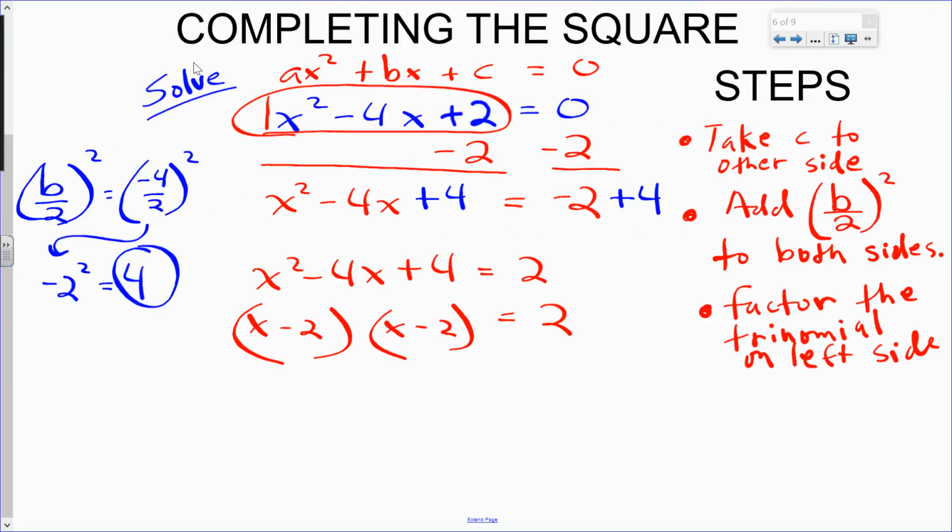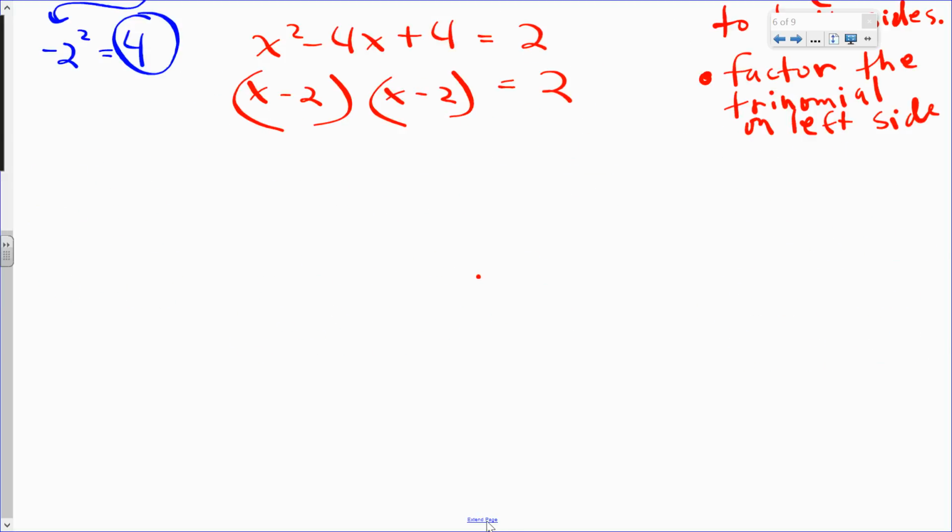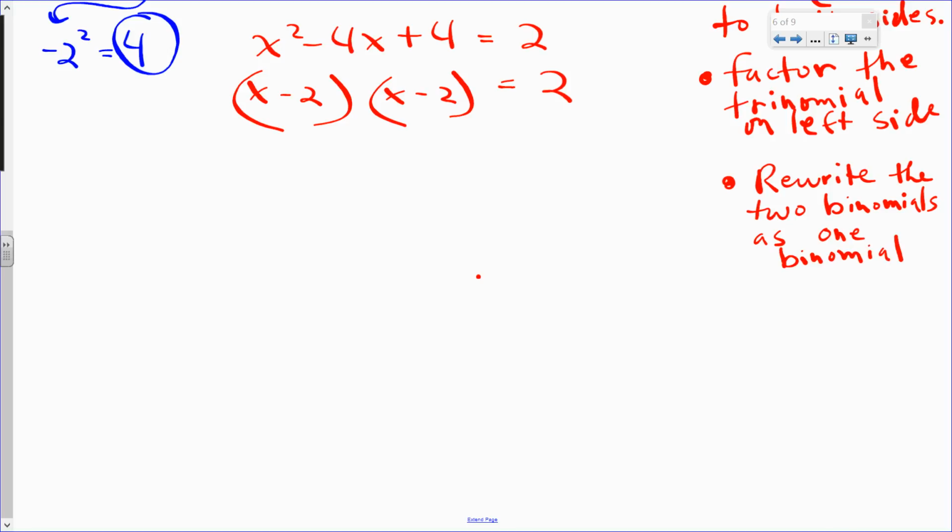So, here we go. The next step is rewrite the two binomials as one binomial squared.